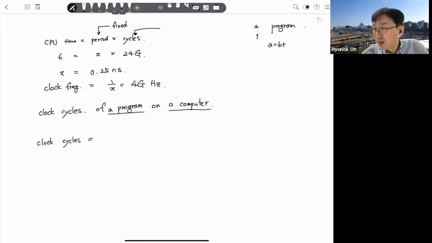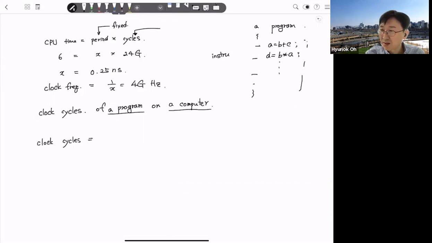A equals B plus C, and D is B multiplied by A. So there are some instructions, and each one is an instruction. Definitely if there are more instructions, it takes more cycles. So clock cycles can be proportional to the number of instructions.